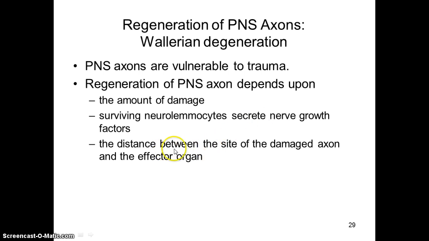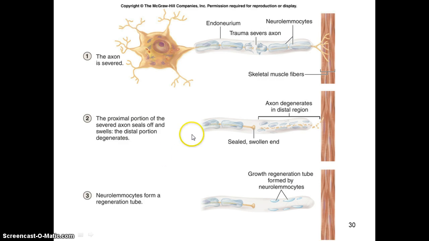And it also depends on how far away the trauma is from the effector organ. So the closer the distance between the severed axon and the muscle, for example, the greater degree of regeneration is possible. All right, so we'll take a look here at the steps involved in this regeneration.